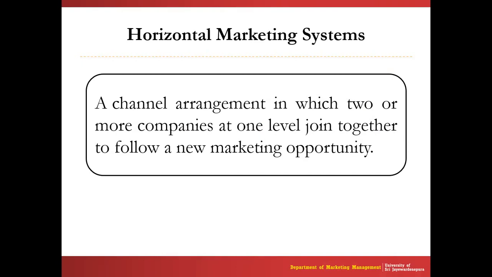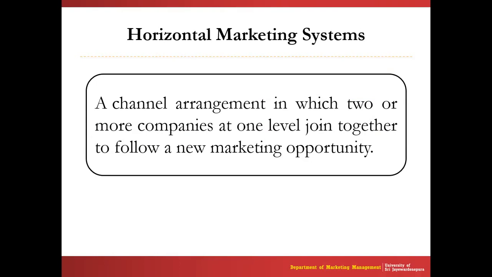Another example which I can give is, if you go to KFC, you can only see Pepsi there. So Pepsi and KFC have a horizontal marketing system between the two brands. One is a food brand, one is a beverage brand, and they get together to find a new marketing opportunity. Whereas McDonald's and Coke, you can see.